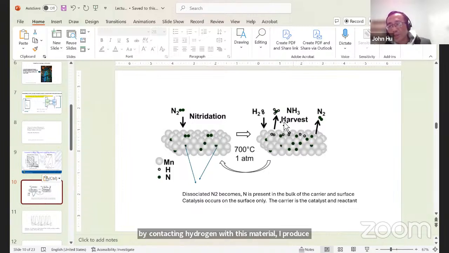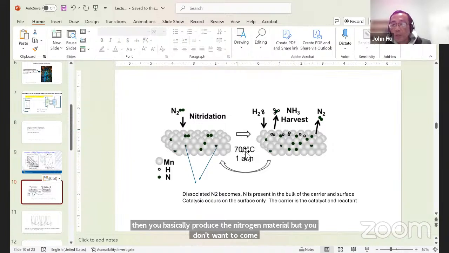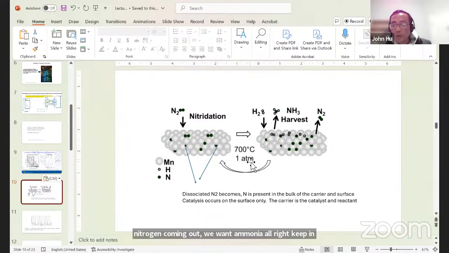So in the literature they use harvest, but it's more like production, okay? But the side reaction is nitrogen coming out. You spend a lot of effort and produce the nitridation material, but you don't want nitrogen coming out. You want ammonia, all right? Keep in mind, it's ambient pressure, 700 degrees C, and then form ammonia.